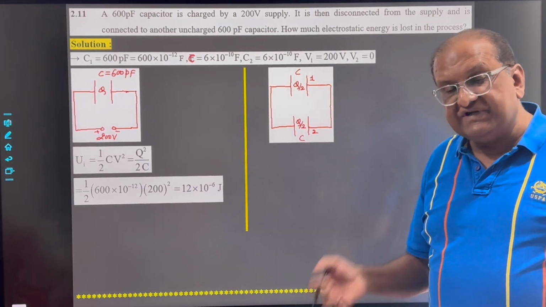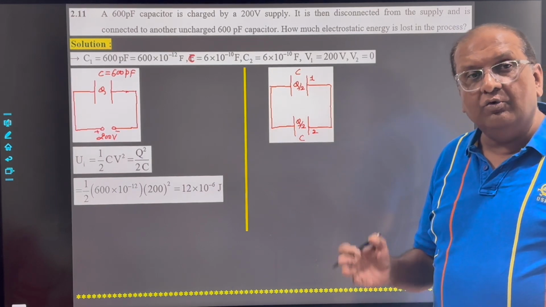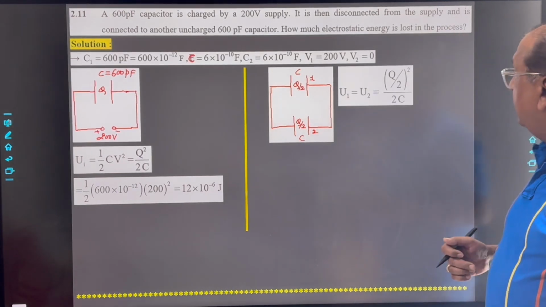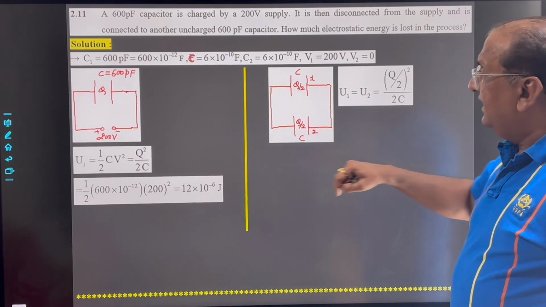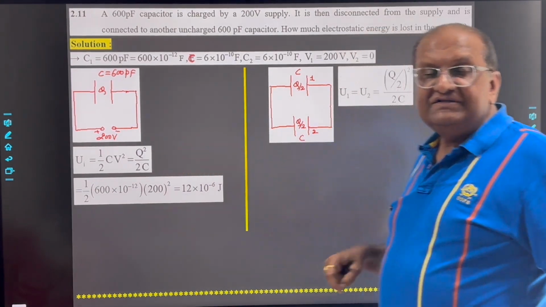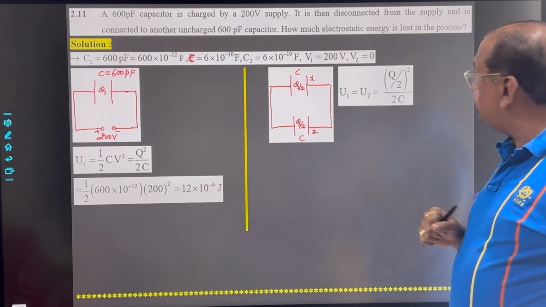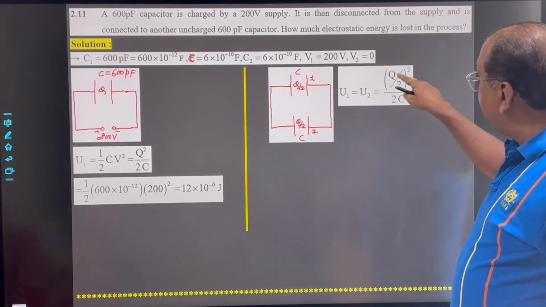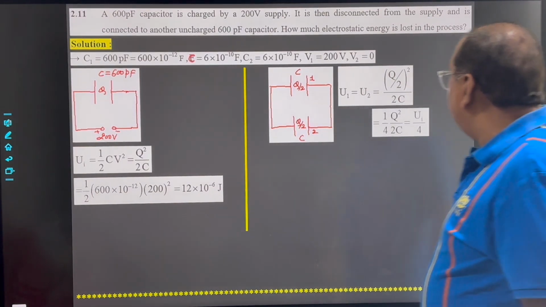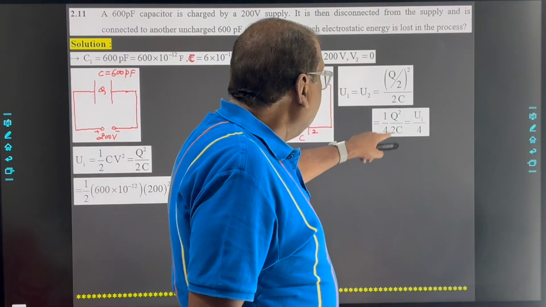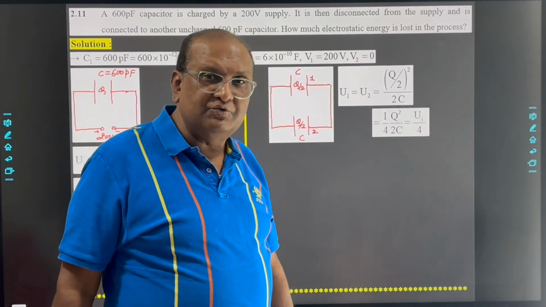So let's first calculate the energy stored in each one. So U1 is equal to U2. Now use this equation, charge square upon 2C. So charge on each one is Q by 2, square of it, upon 2C. So we can write 1 by 4, Q square upon 2C.